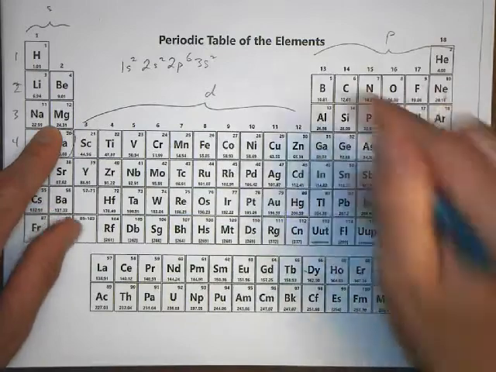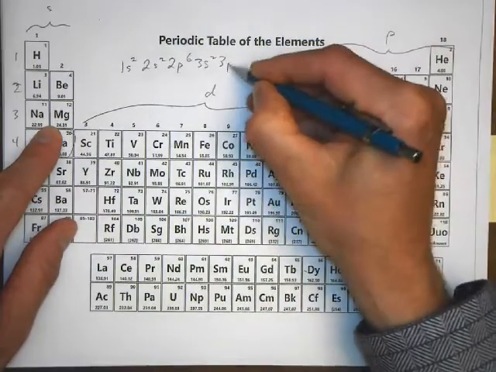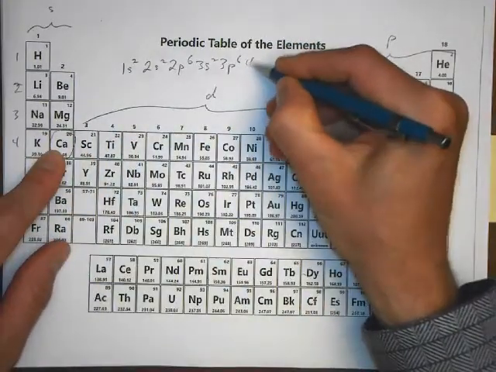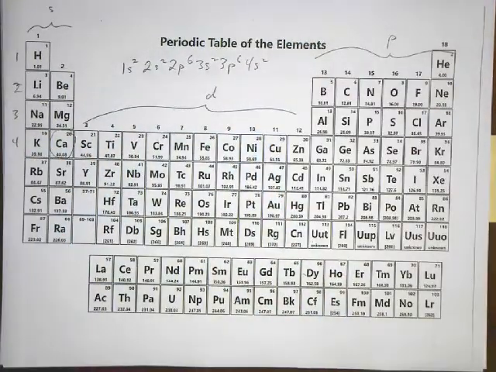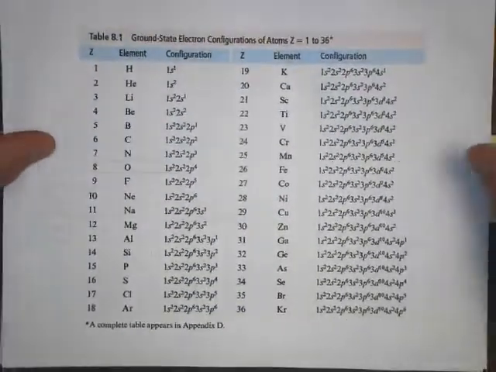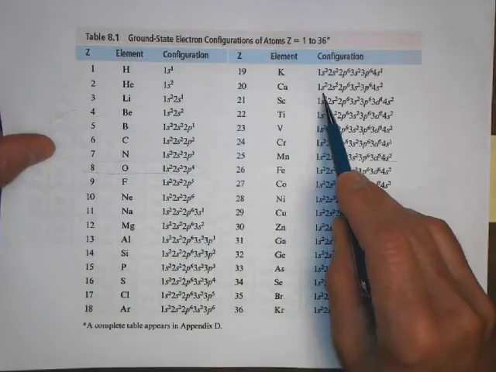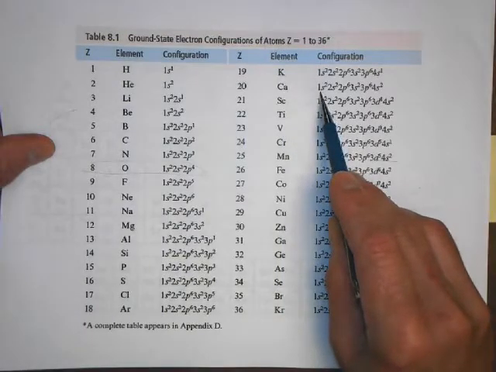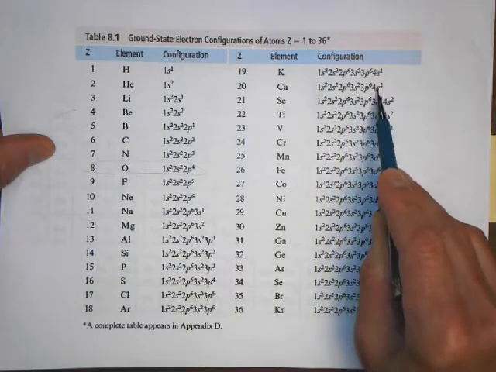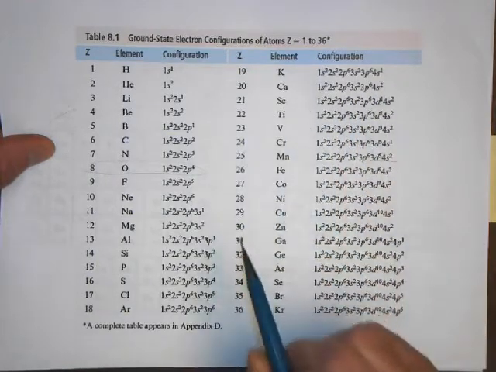Then 3p6 will bring us to here, and 4s2 will bring us to calcium. So that would be the ground state electron configuration of calcium. We can see, just to check our work, here it is: the ground state electron configuration of calcium, 1s2, 2s2, 2p6, 3s2, 3p6, 4s2, and we've done it.